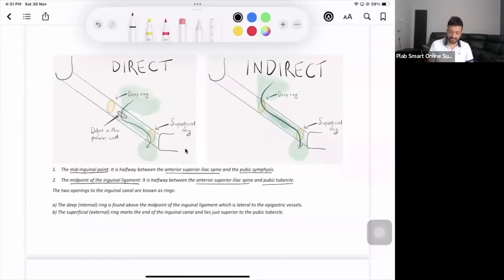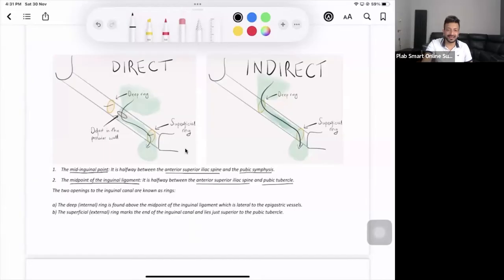So this is pubic symphysis, this is pubic tubercle. Now, we need to know about the deep ring and the superficial ring, because the indirect hernia is coming from the inguinal canal, whereas the direct hernia is coming directly from the abdominal wall.